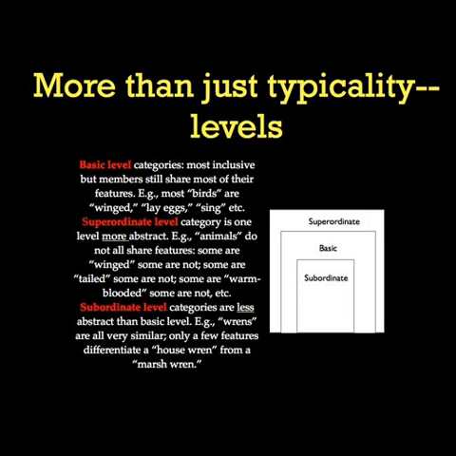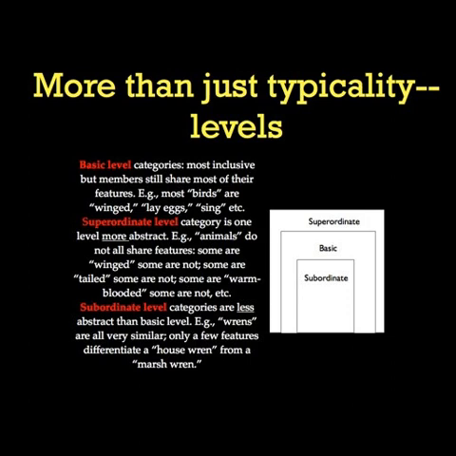Birds all have feathers, they all lay eggs, they're warm-blooded, etc. The superordinate level shares more characteristics with other things that are not in the same basic level. So animals do not all share the same features as birds. Not all animals have wings, not all animals have feathers. Some are warm-blooded, some are not.